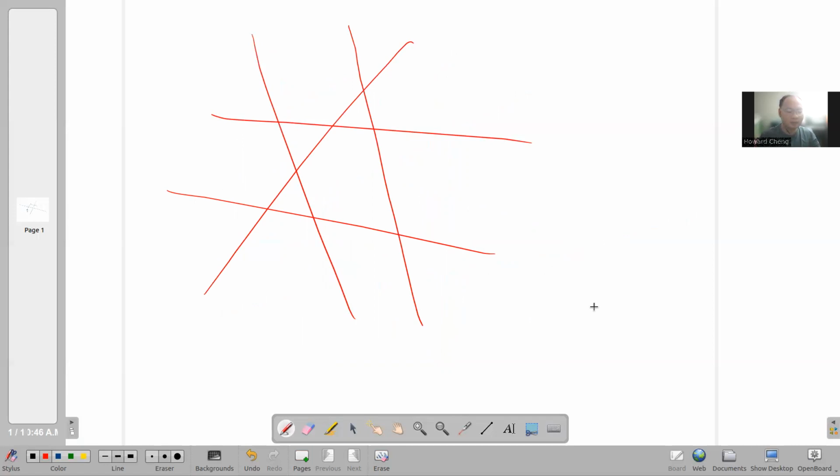All I have to do is draw this straight line and count how many of these streets I cross. 1, 2, 3, 4. If the answer is even, then they have the same destination. If the answer is odd, then they have different destinations.